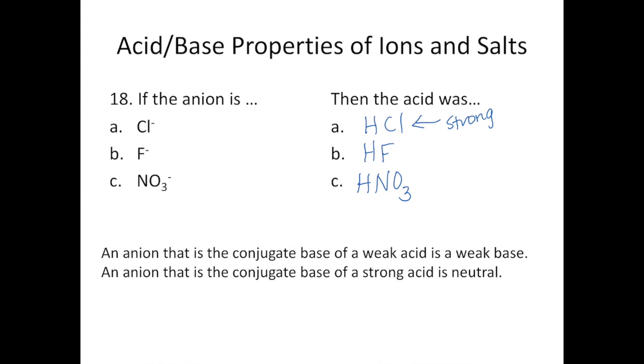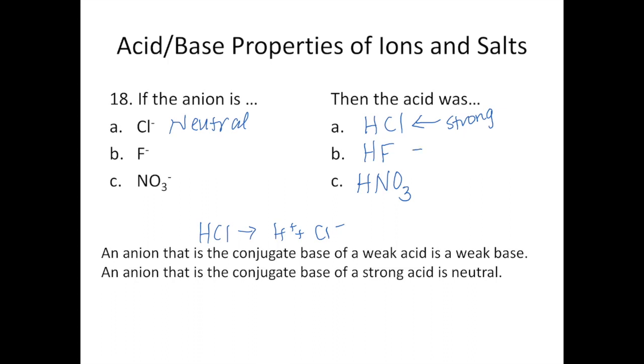Because the whole idea of a strong acid is that it irreversibly reacts. And so that Cl- is going to stay Cl- and it's not going to go back in water. It's going to be neutral. Nothing happens. Oh my gosh, my writing's terrible.